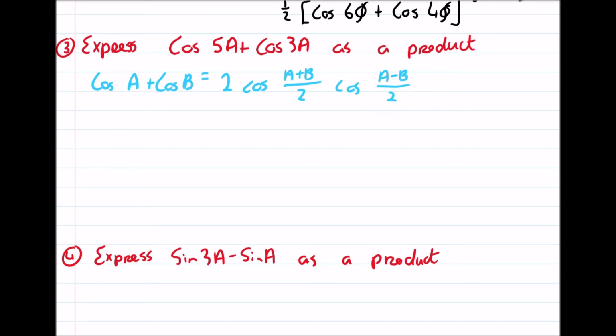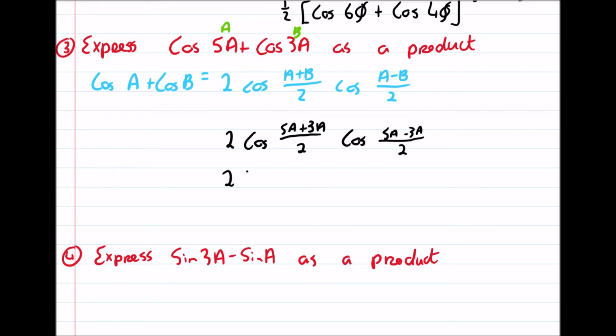Okay, so here's our A, here's our B. So we'll be left with 2 cos 5a plus 3a over 2 cos 5a minus 3a over 2.